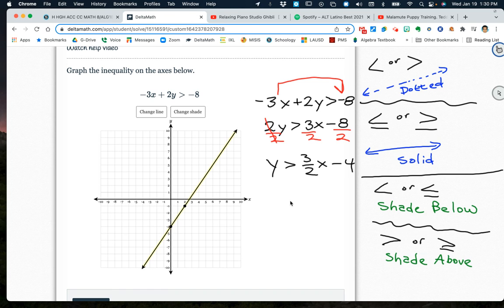We want a dotted line, and it's greater than, we want to shade above there. Again, it's a greater than, shade above. If you're still comfortable with testing out 0, 0 all the time, use that method. If you can work with this better, go with this.